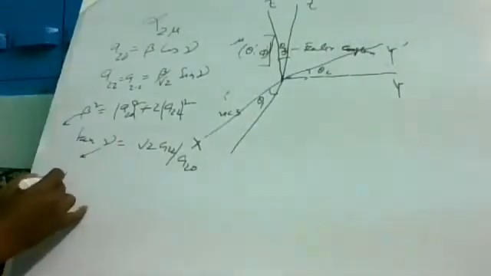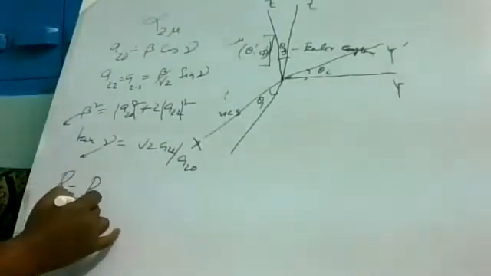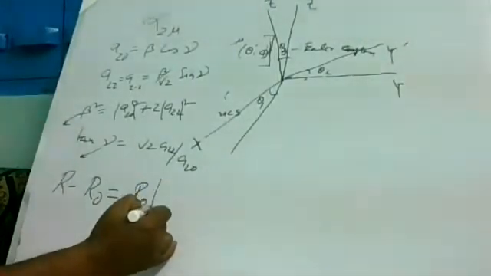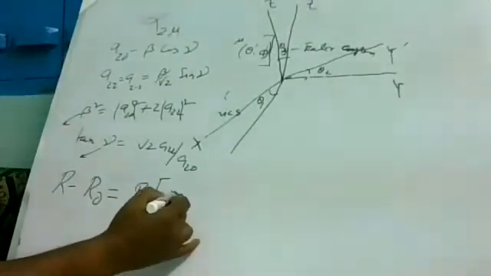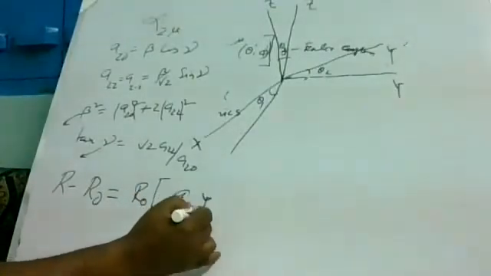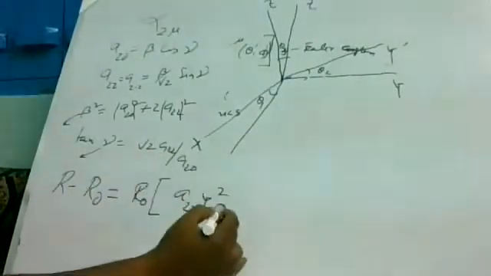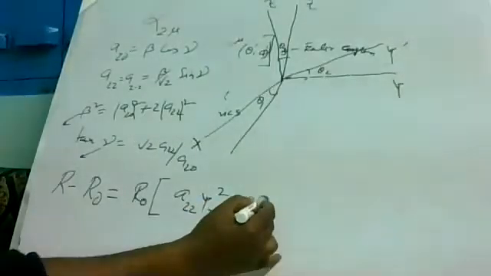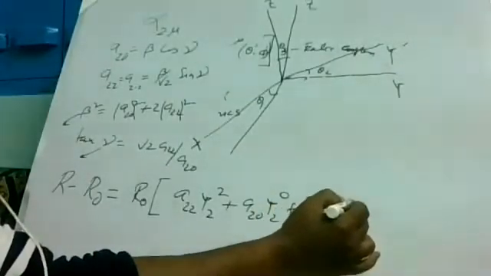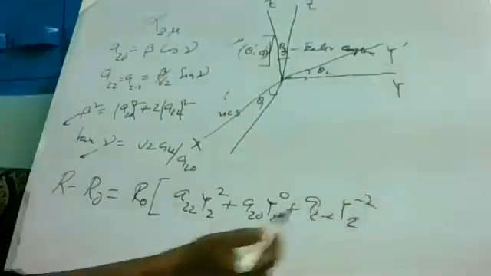From the first equation, you can see that R minus R0 will be equal to R0 into the first term A22 Y22 plus A20 Y20 plus A2 minus 2 Y2 minus 2, because the other two terms A21 and A2 minus 1 are 0.